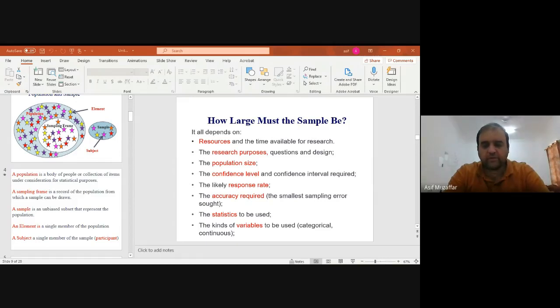Can you tell me what is the population size in it? Population size means the total number of students in CAS/SOAR.